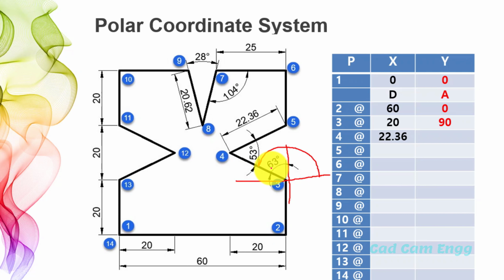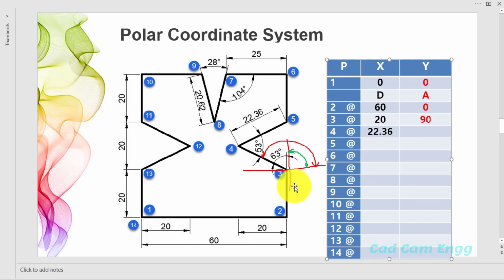We want to know the full angle, but we know only the 63. This angle is 90 degree, so 90 plus 63, 153 is the total angle. Like this you have to calculate. So I give the angle as 153.